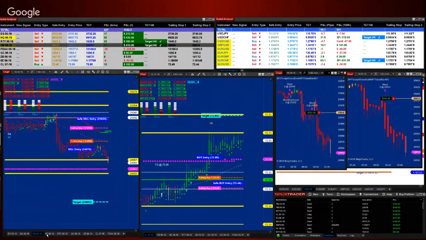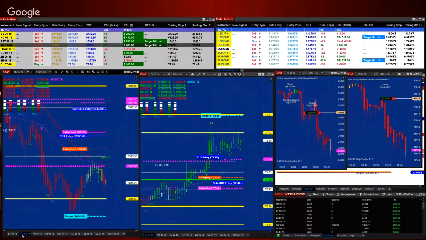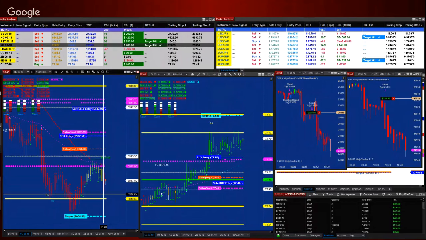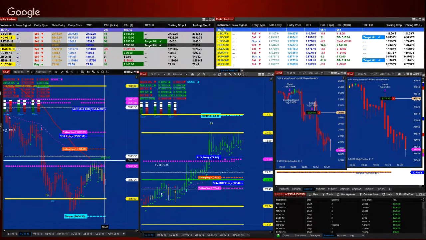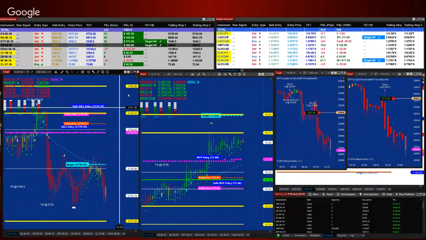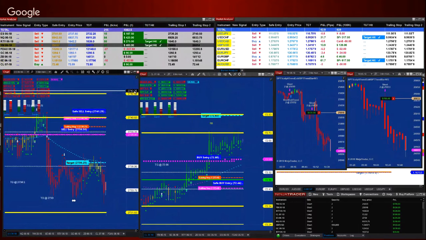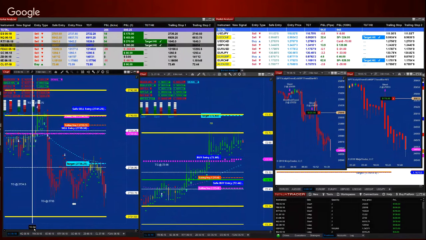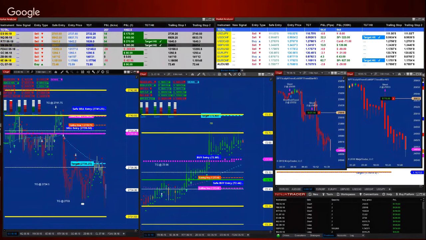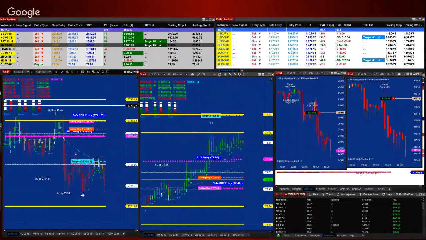Let's go back to the Nasdaq. You see, that's exactly what we estimated, and now we are going back and forth between those two lines. So be careful with the Nasdaq. Stay on the side, whether you are manual or automated. The ES has actually hit the target, so there is not much going on. We are waiting on a new signal, and there is nothing we can do at the moment with this market.